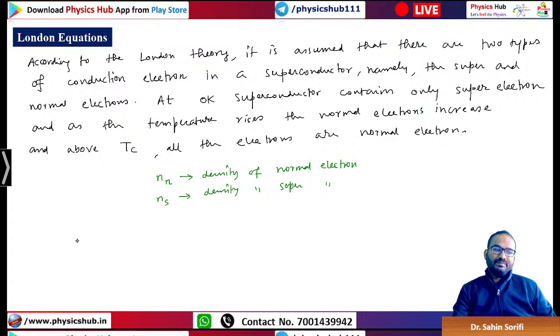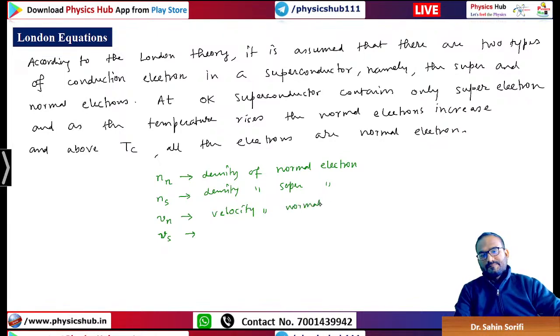I'm just trying to make it as simple as possible for you, so that with minimum effort you can have maximum gain. Vn and Vs in a similar manner we can define as the velocity of normal electrons, and the velocity of super electrons.